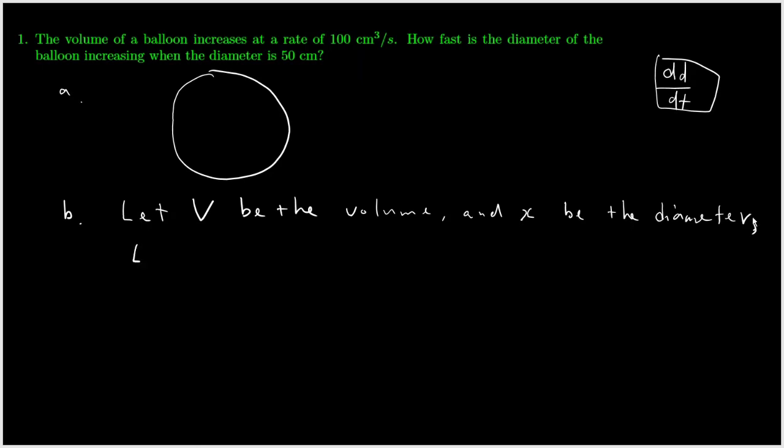So now let's say R is the radius of the balloon. Again, eventually we want a relation between V and X, the volume and the diameter, but in order to get that, we need the radius.